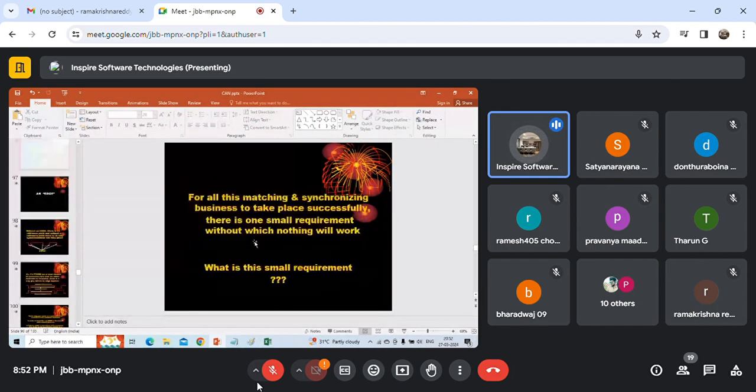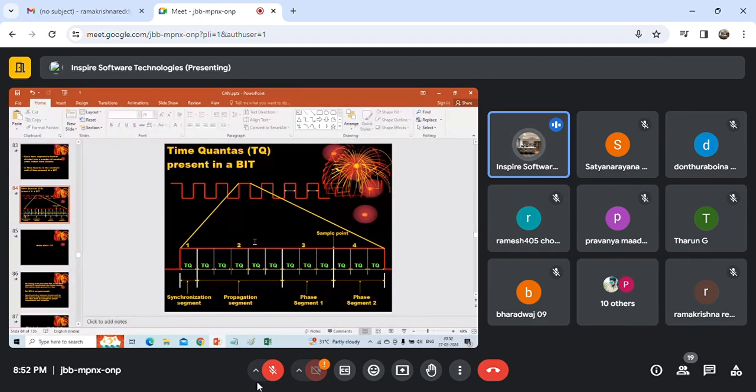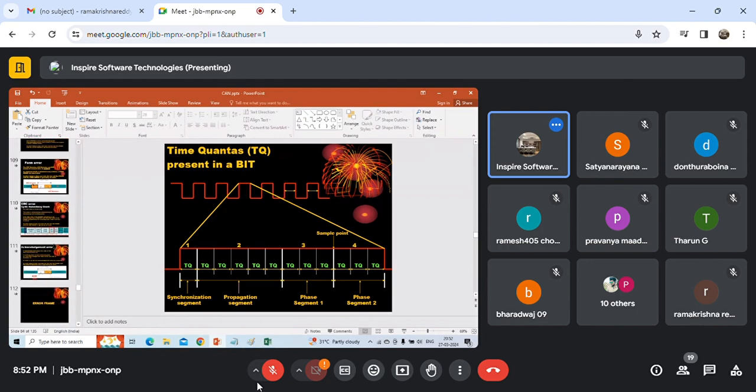Not to scare you, but I told you there is a bit stuffing thing, bit timing things. I will show you later. You saw one line here, whatever you have seen.